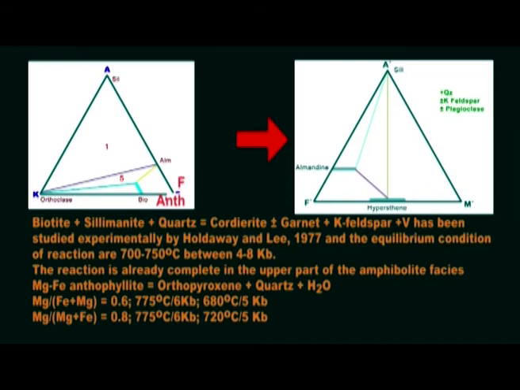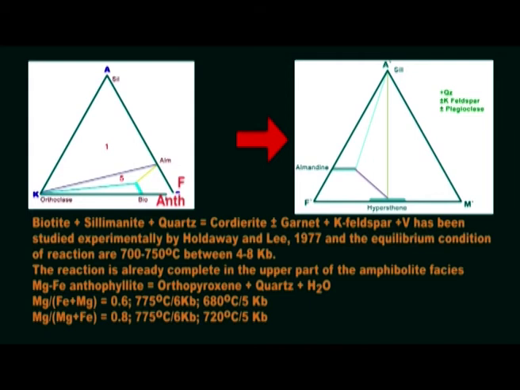Mg anthophyllite give rise to orthopyroxene plus quartz plus water. XMg equal to 0.6: 775 degrees centigrade, 6 kilobar, 680 degrees centigrade, 5 kilobar. When XMg equal to 0.8: 775 degrees centigrade, 6 kilobar, 720 degrees centigrade, 5 kilobar.